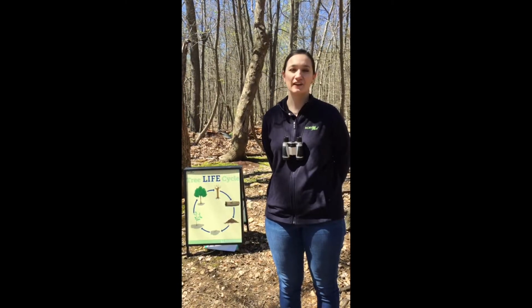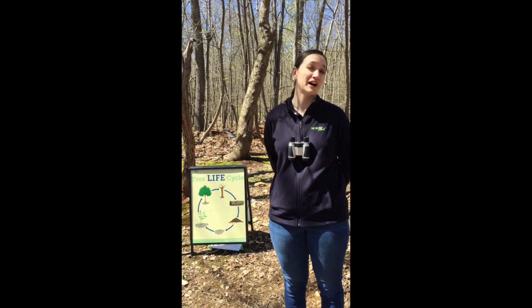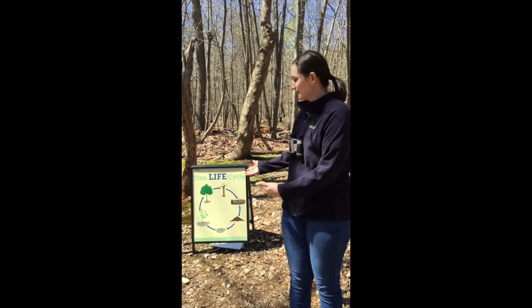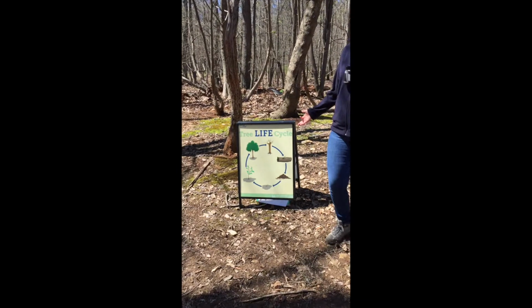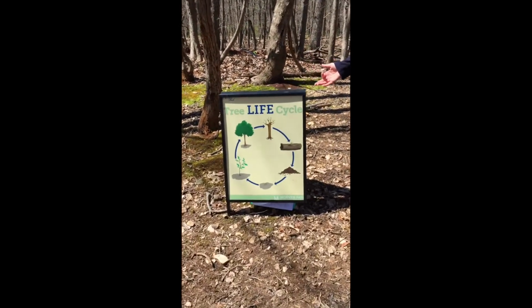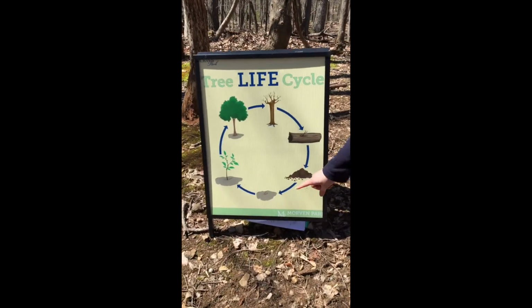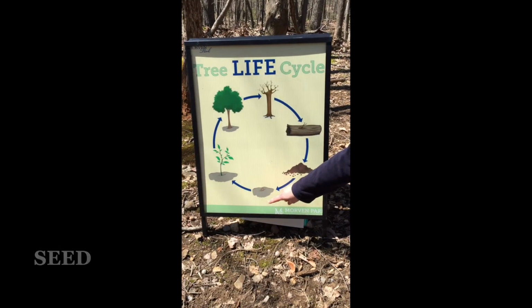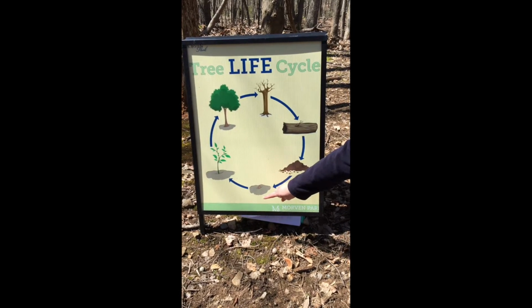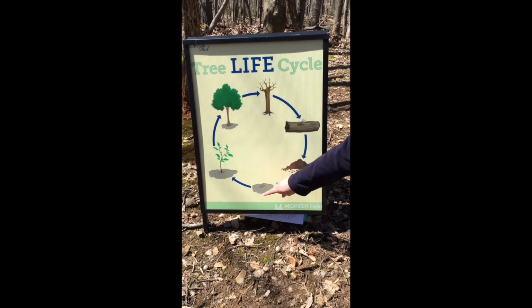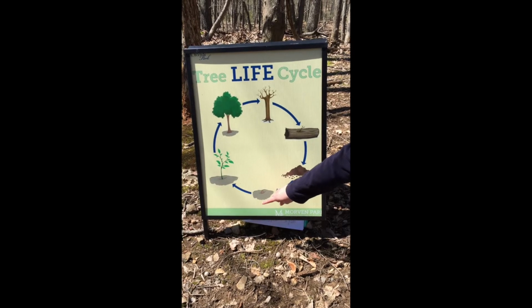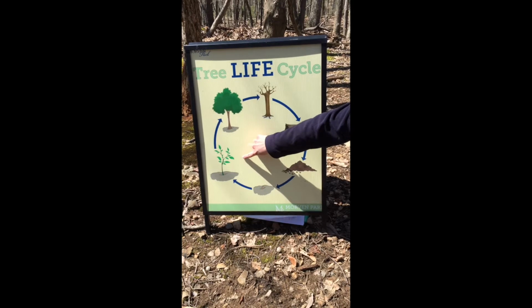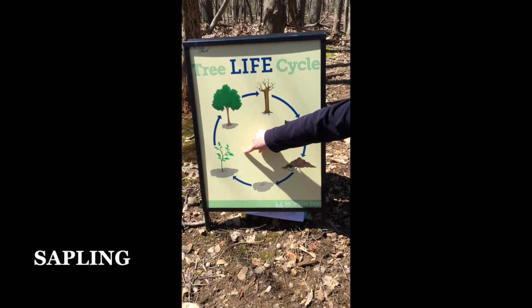The first living thing that we'll be talking about that you find in the woodland habitat are trees. So take a look at my tree life cycle page here, and you can see that the tree's life cycle all starts down here with a seed. That seed will fall into the soil, and then when it rains, it'll get water and it gets sunlight, and then it'll start to grow and it'll turn into the next stage, which is called a sapling.